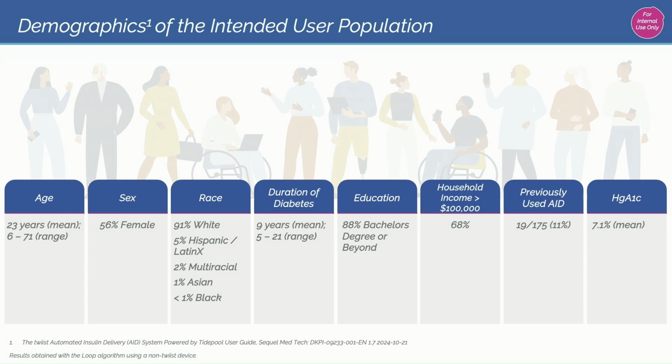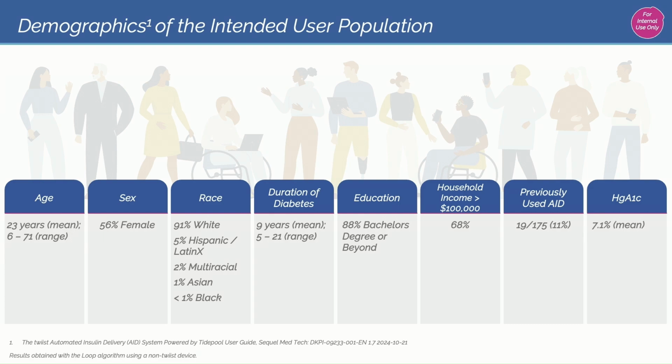These are the demographics of this intended user population. They had a mean age of 23 years, an average mean A1C of 7.1%, and 11% had previously used AID.